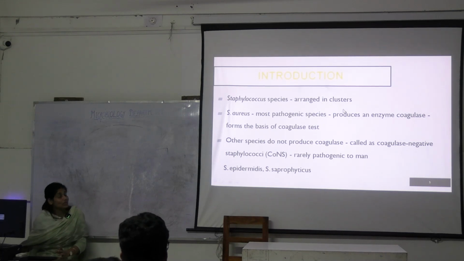They are potential causative organisms in a number of diseases, and there are certain species that do not produce coagulase. They are known as coagulase negative staph. They are rarely pathogenic to man, but there are some good examples that can certainly cause infection. For example, Staphylococcus epidermidis and Saprophyticus. Saprophyticus is known to cause UTI in females, okay, the most common cause in reproductive age females.